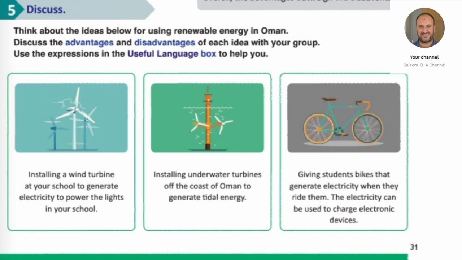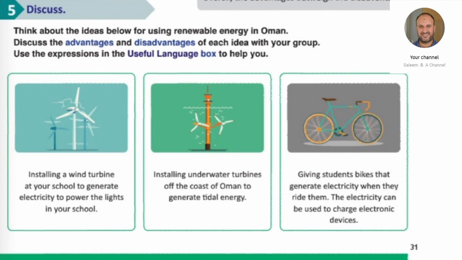And the final idea: giving students bikes that generate electricity when they ride them. The electricity can be used to charge electronic devices. You can check your Google Classroom in order to write some of the advantages or disadvantages of these three ideas.